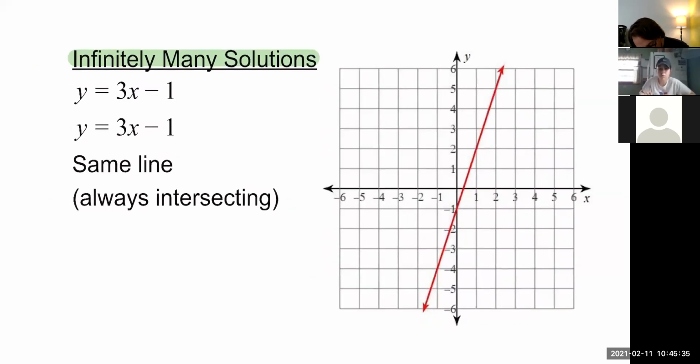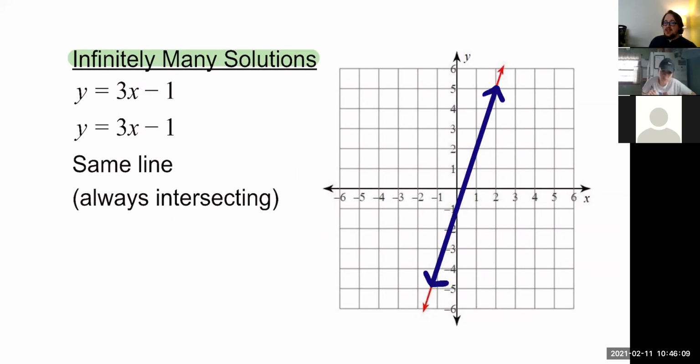What is happening, though we can't see it, is on top of this line, there is a second line going exactly the same direction, exactly through all the same exact points, which means every point that one line goes through, so does the other.